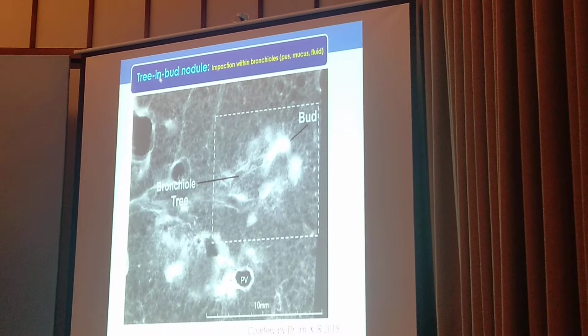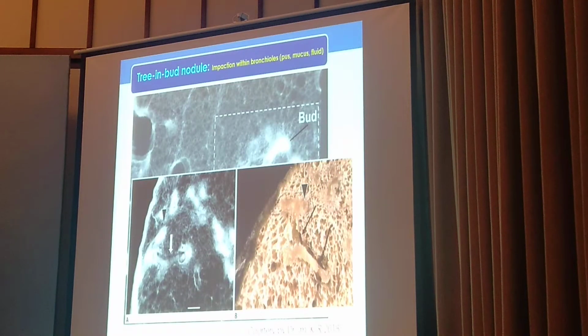What are tree-bud nodules? They mean infection within the bronchioles. Like this, on contact radiography, the bronchiole is filled with pus, mucus, or fluid, so we use the term tree-bud nodules in radiography. In this case, the terminal distal bronchiole is filled with caseous material, so it is tuberculosis.